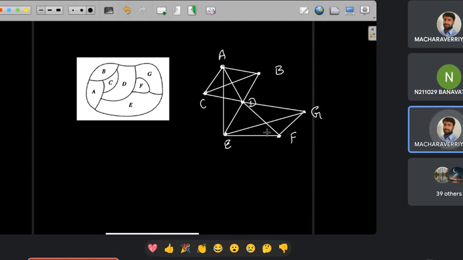Now, like in the previous case, can you find any mutually adjoined vertices?